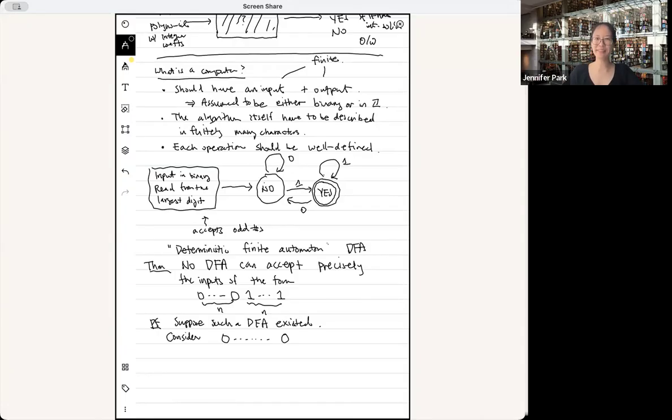So at some point, the state has to repeat. If this is really long, then by pigeonhole, some states repeat.